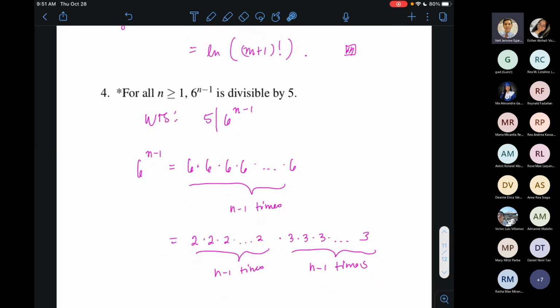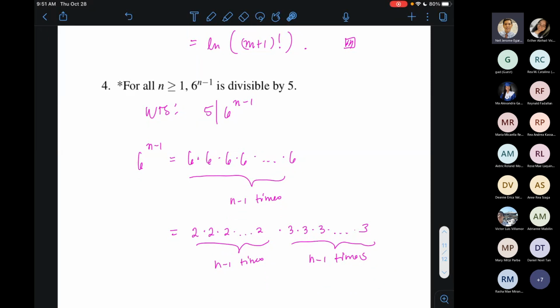Actually, wait. Ito ba itong statement na to? Parang mali pala yung statement. Ano? Kapag kasi n ay 1, magkakaroon ka ng 6 to the 0. So that's gonna be, yeah, may problema tong problem na to. Hold on.